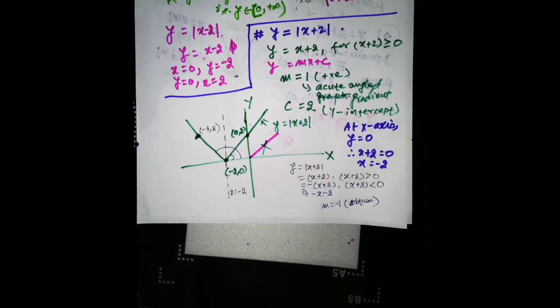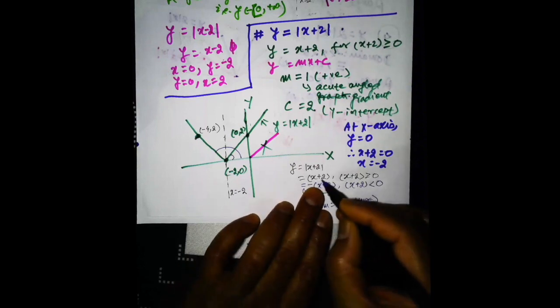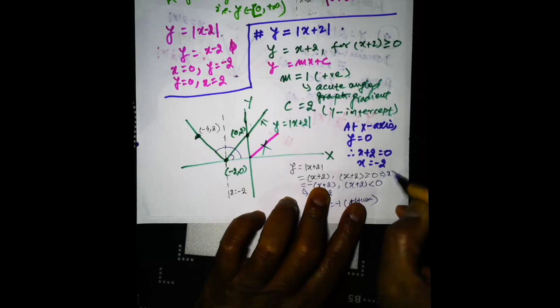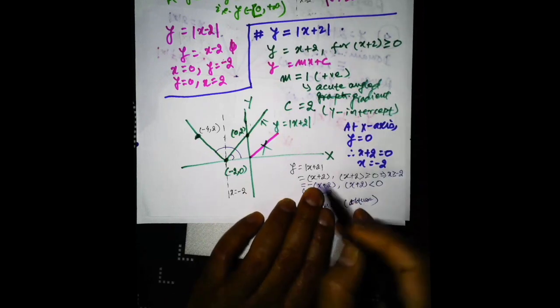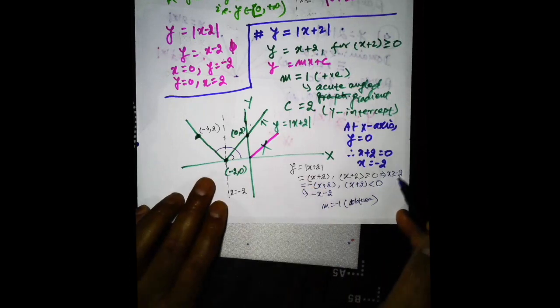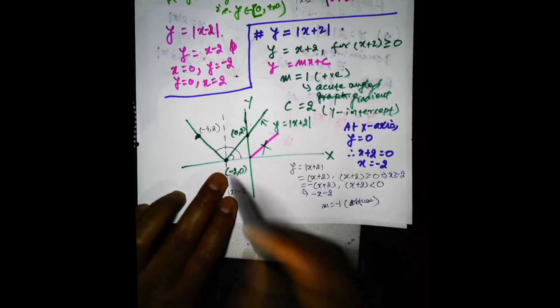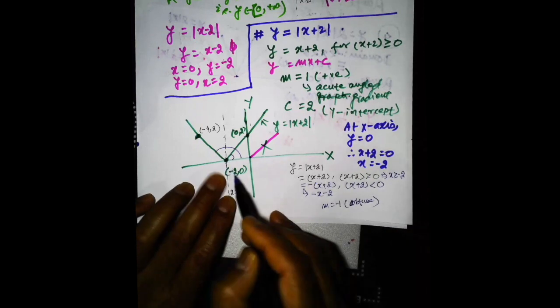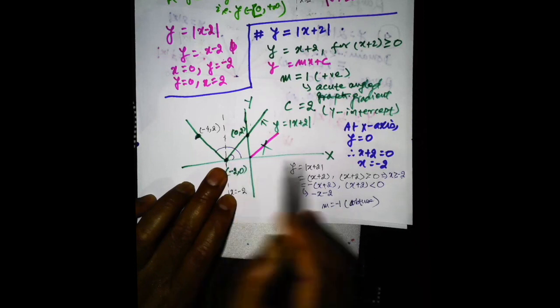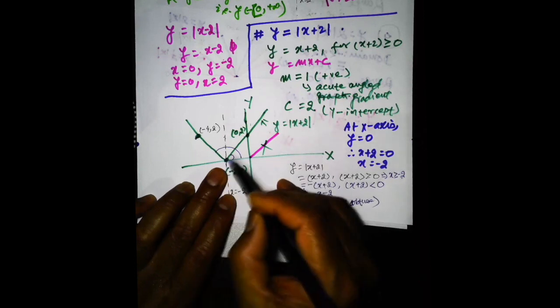Also for this graph, we can further take x greater than or equal to -2. So this graph is valid for x greater than or equal to -2. Greater than or equal to -2 means this is the -2 value, and if you move towards the positive x direction, you can see that we have the graph of this function.